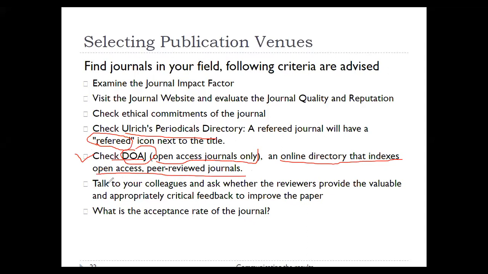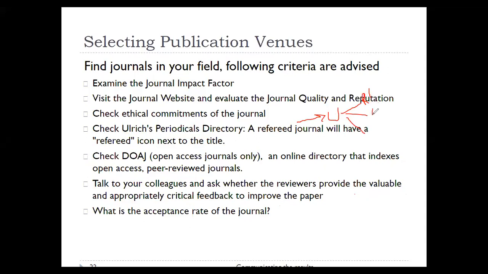Then talk to your colleagues and ask whether the reviewers provide valuable and appropriate critical feedback to improve the paper. Now, when we prepare the manuscript, we submit it to the research journal, and this journal gives the article to various reviewers, right?